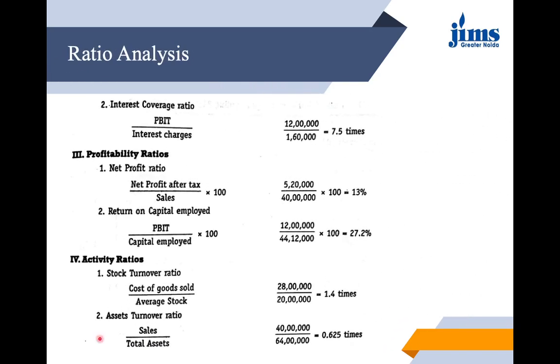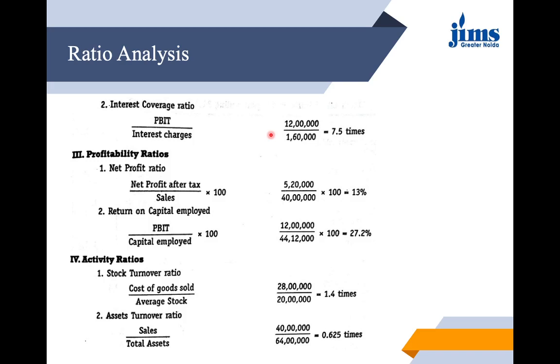Then next we have interest coverage ratio, for which we have to consider PBIT and interest charges. PBIT is directly given to you as 12 lakh and interest charges as 1,60,000, so it is coming out as 7.5 times. Then under profitability ratios, we are having net profit ratio, net profit after tax upon sales into 100. Both the values are there with us, and we can obtain the value as 13%.